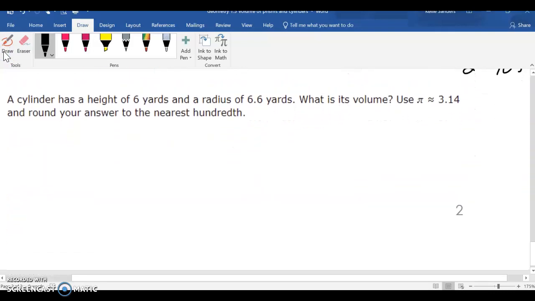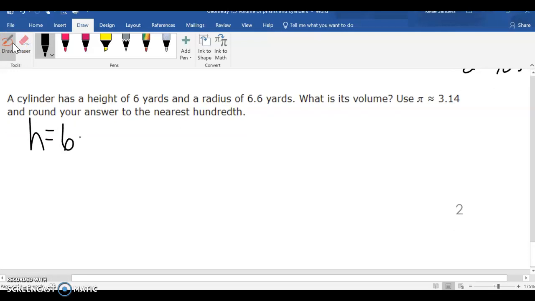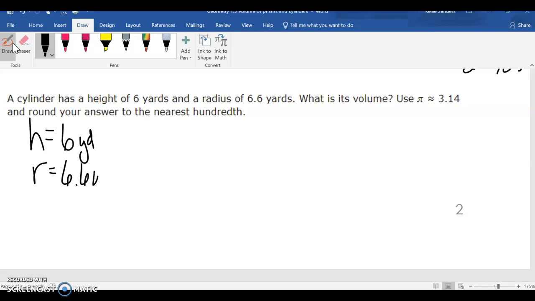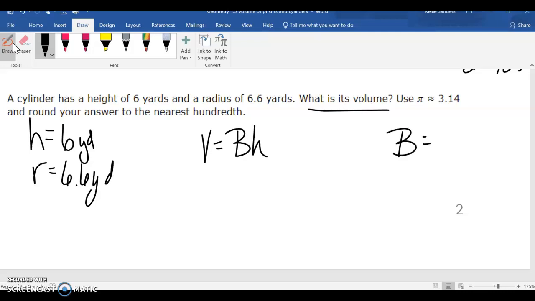Word problem. The cylinder has a height of 6 yards and a radius of 6.6 yards. What is the volume? So volume is big B, little h. Big B in this case is a cylinder, so it's a circle. So pi r squared.